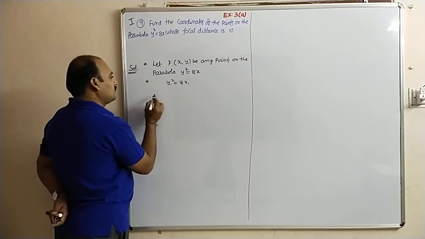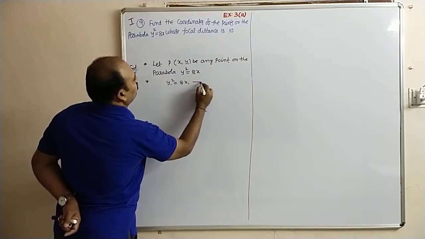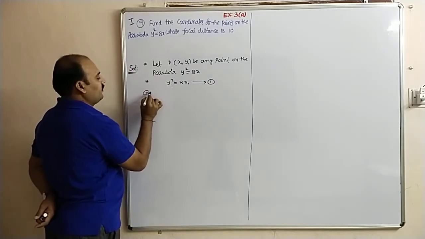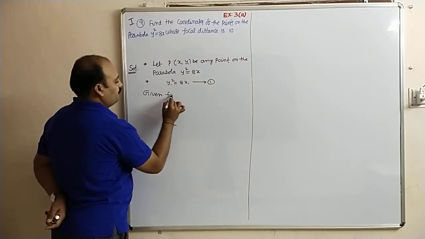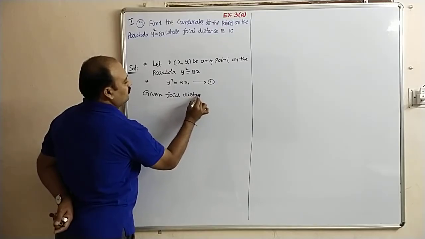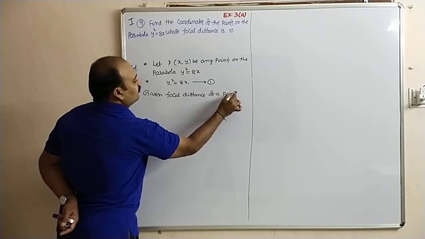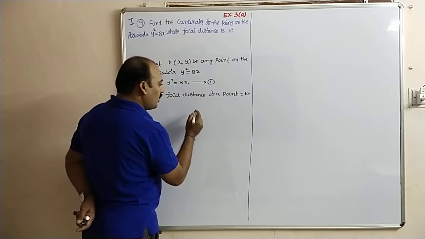After that, given focal distance of a point is 10. Focal distance formula is what?